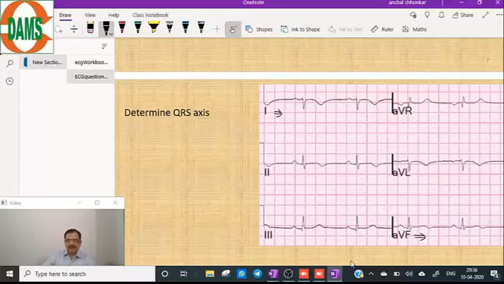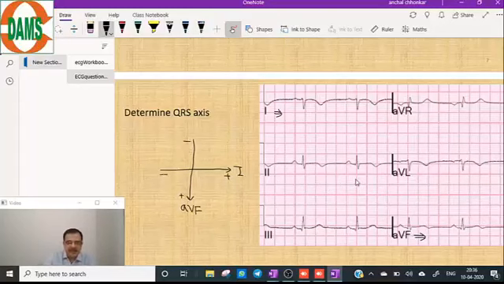Yes, very nice. In lead one, always, how to approach the question on axis? The majority of the questions just ask what is the axis deviation. So you draw two lines, the lines of lead one and aVF, and look at the net QRS complex.